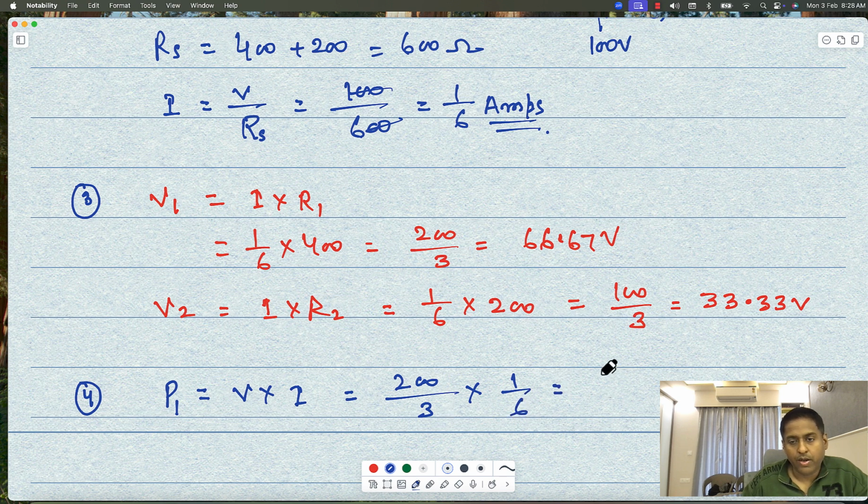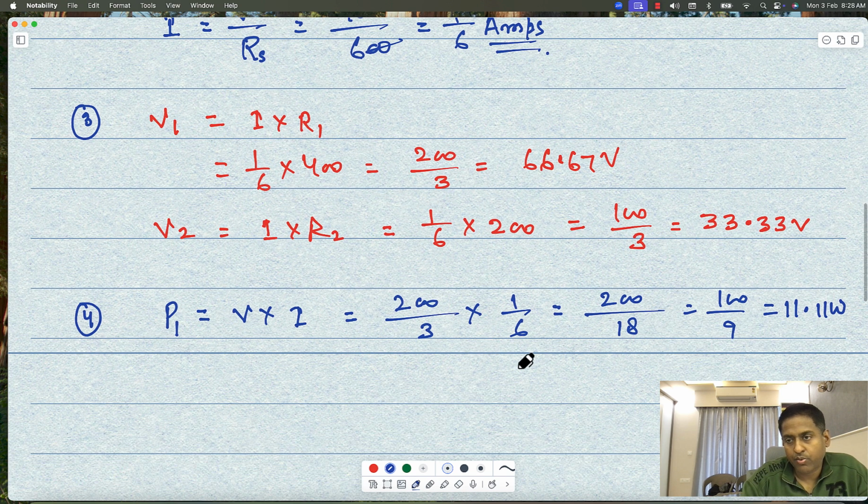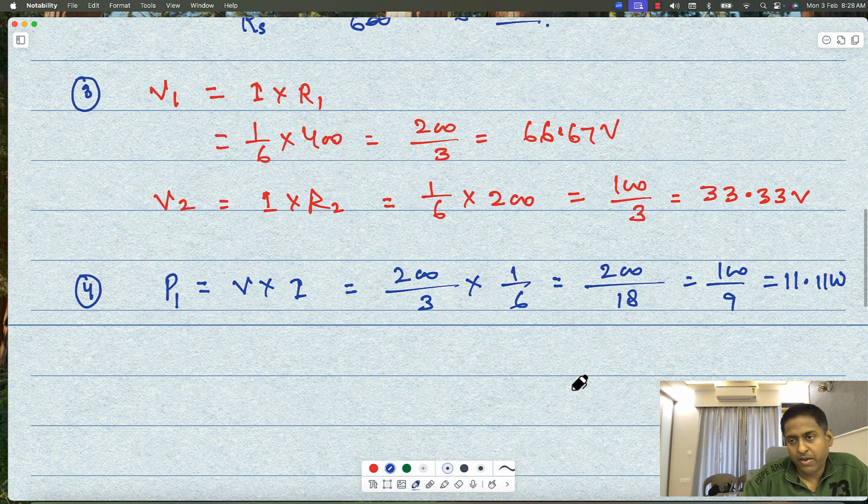So 200 by 3 into 1 by 6, 18 times, that is 100 by 9. That is equal to 1.11 watt.